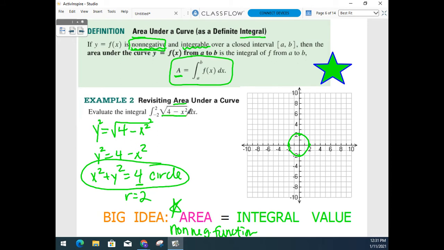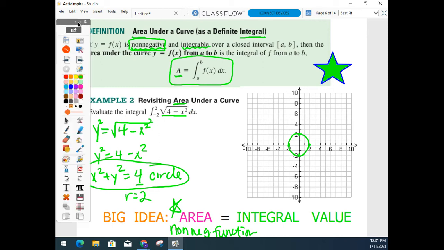But notice they just have the square root of 4 minus x squared. Do you remember what that means? That's really just the top half of the circle. Because remember how we talked about area equals the integral only for non-negative functions? So what we're going to do is calculate the area between the curve and the x-axis.